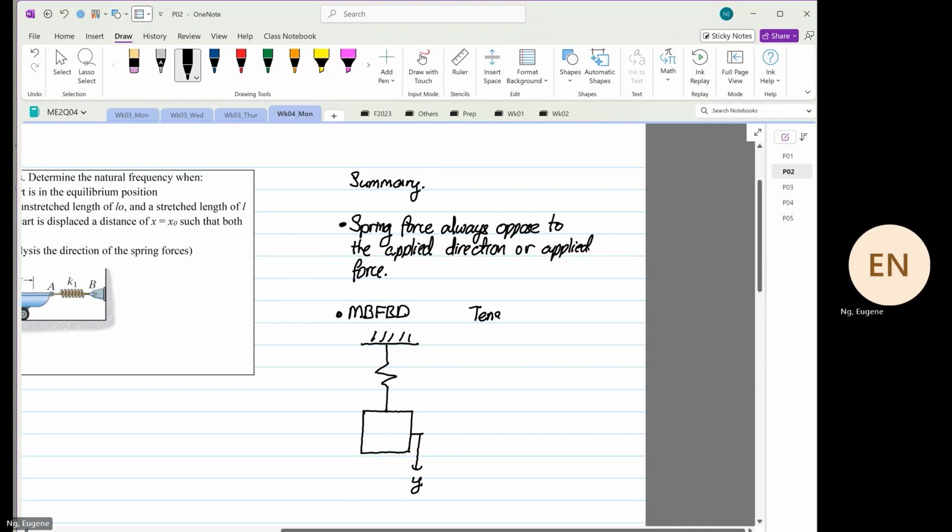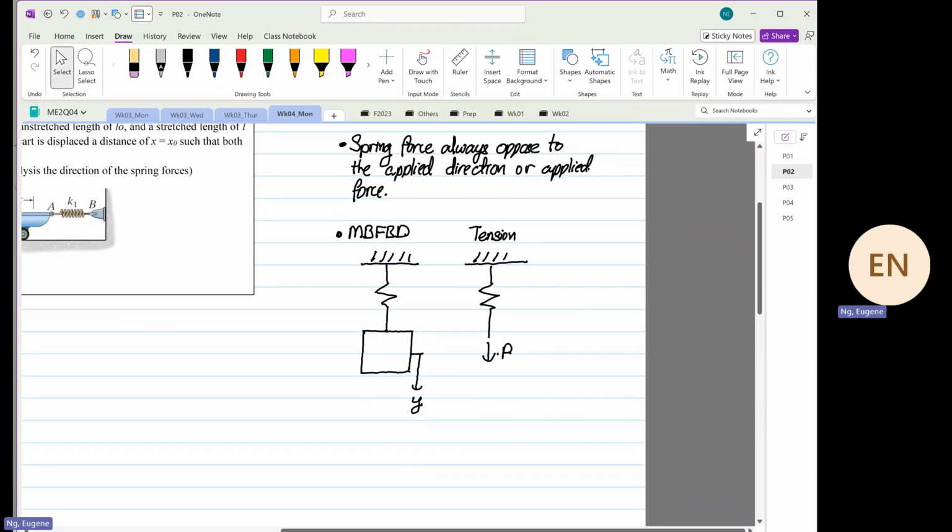If the spring is in tension, what does the spring do? The spring grows longer, yes or no? So this is in tension. If this is my force P, and then with the mass, this has to oppose. You write over here, this is based on Newton's third law.